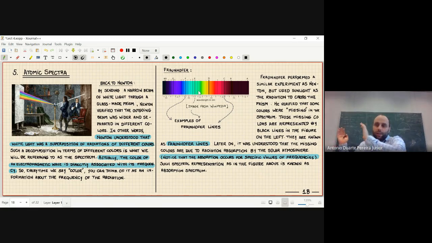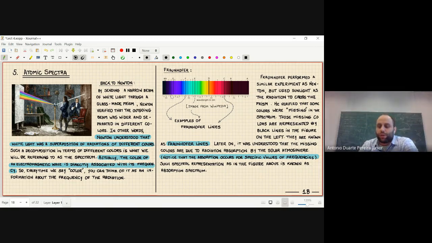And when this resulting sunlight arrives on the Earth, we detect the spectrum of the sunlight, but of course, some specific frequencies were absorbed in the solar atmosphere. So we don't see them. They were absorbed. And as I said, this is at very specific values of the wavelength.